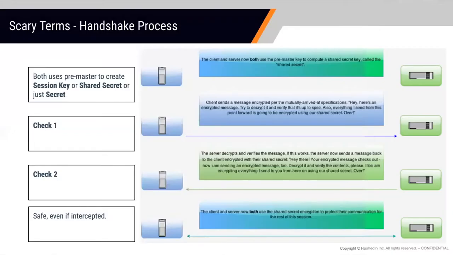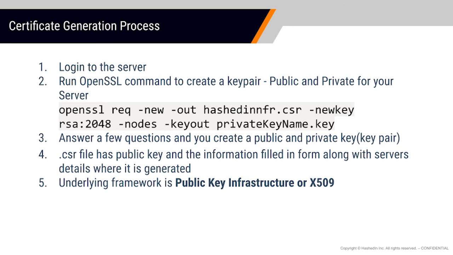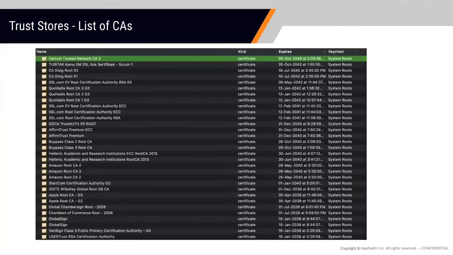Now, till now it was more of understanding and familiarizing a few terms. Now we go into processes where developers or DevOps actually get to see things and do things. Now I'll quickly jump to one thing. So we talked about a trust store. This is one of the screens on my Mac, a list of all the certificate authorities available.